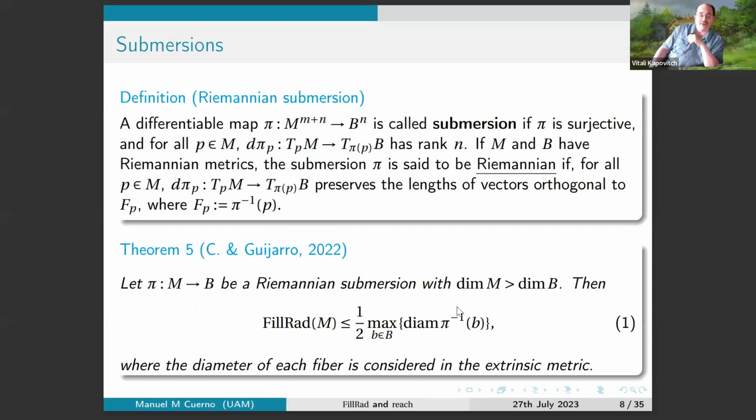Yes, of course, I understand. You kind of want to fill in the fibers, so it seems like you should have 1/3 here also. We think the same as you, but we weren't able to reach that quantity. We tried to interchange the diameter with the spread, which is another metric quantity similar to the diameter, but a little weaker. But we weren't able to change the diameter with the spread either. Okay, all right. Thank you.